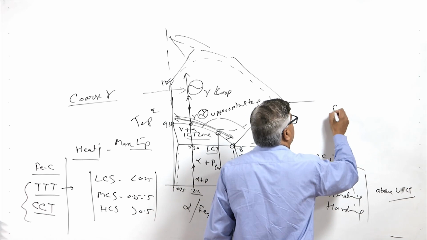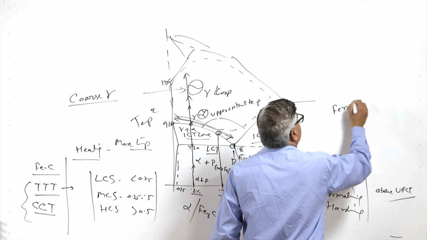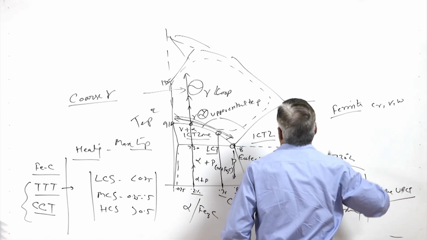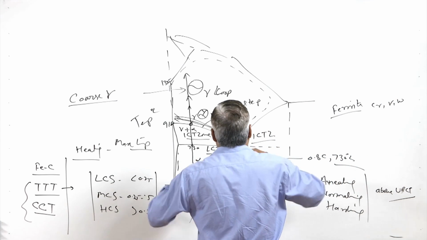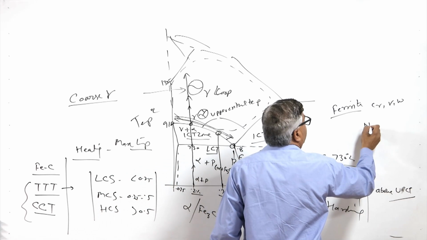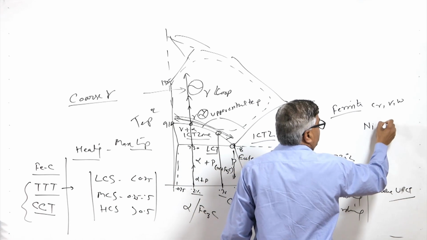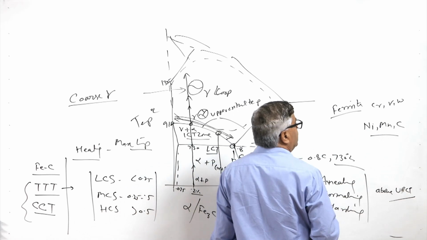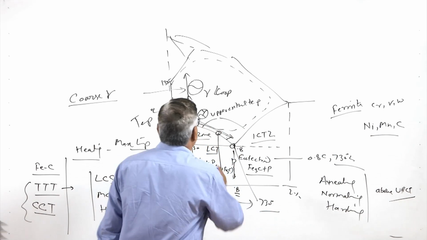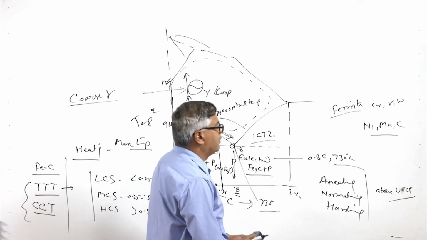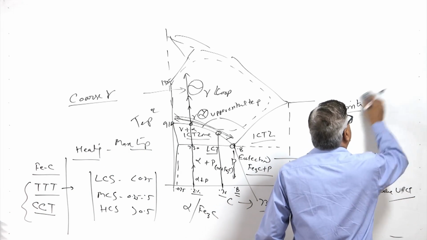For example, ferrite stabilizers like chromium, vanadium, tungsten, etc., tend to move the upper critical temperature line to the higher side, while austenite stabilizers like manganese, nickel, carbon, etc., tend to lower this upper critical temperature line. So, the size of the gamma loop changes.